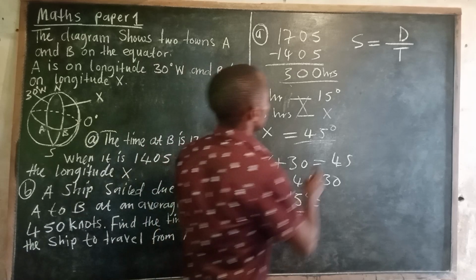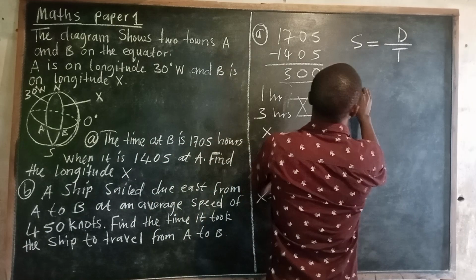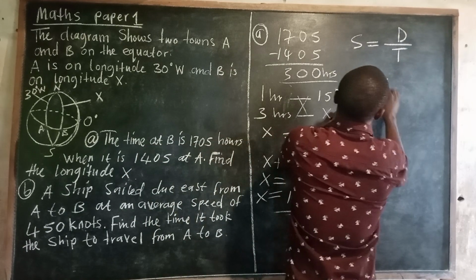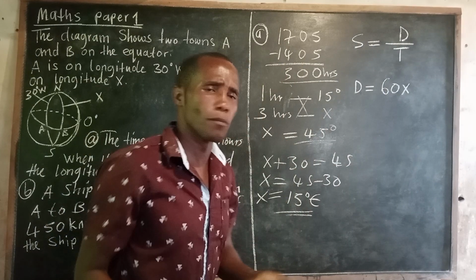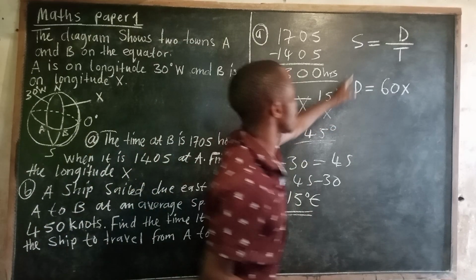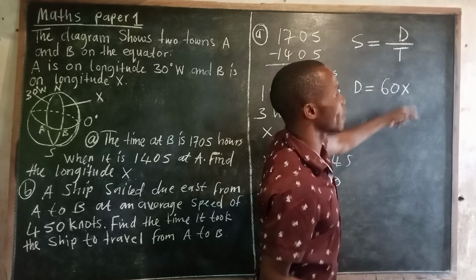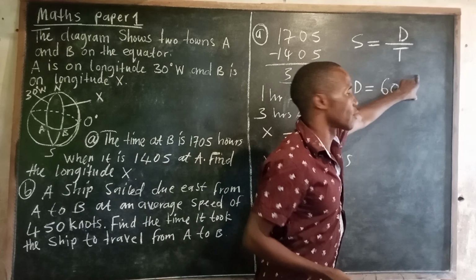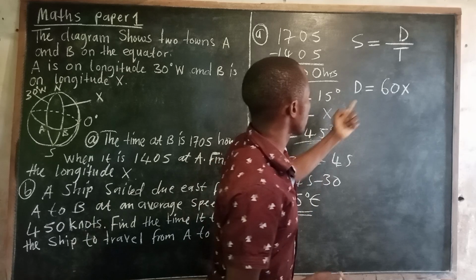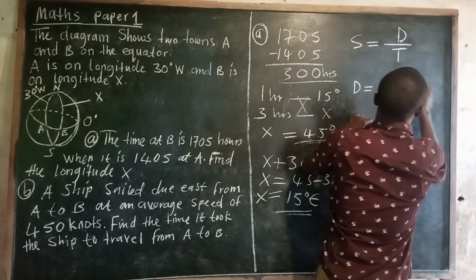Okay, so we are going to say distance is equals to 60 times. This is not common, so we don't need to waste much time whereby you introduce that formula where you say theta over 360 times what. No, just go direct. Use this one when you are in nautical miles. So 60 times theta. Okay.